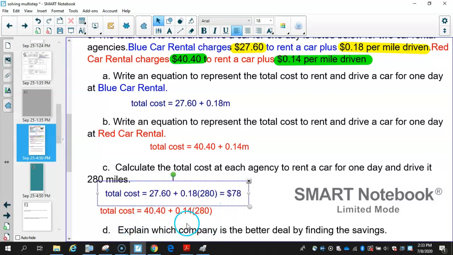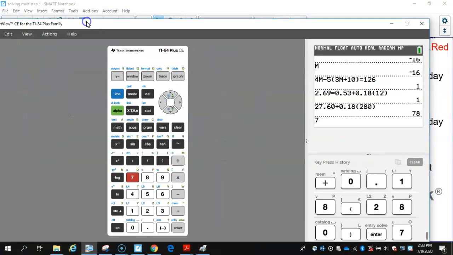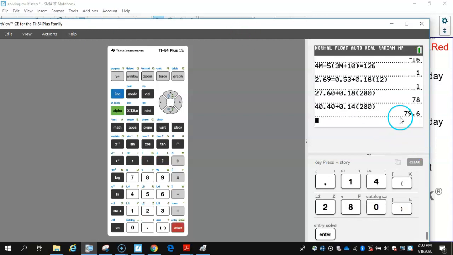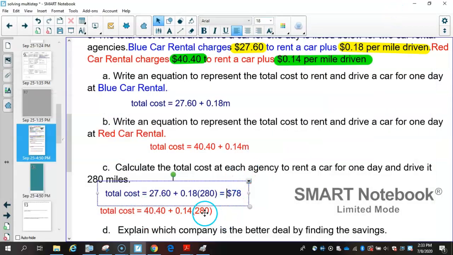And we can do the same thing for the red car. Maybe if my calculator comes back up. There we go. So $40.40 plus 14 cents times 280. $79.60.